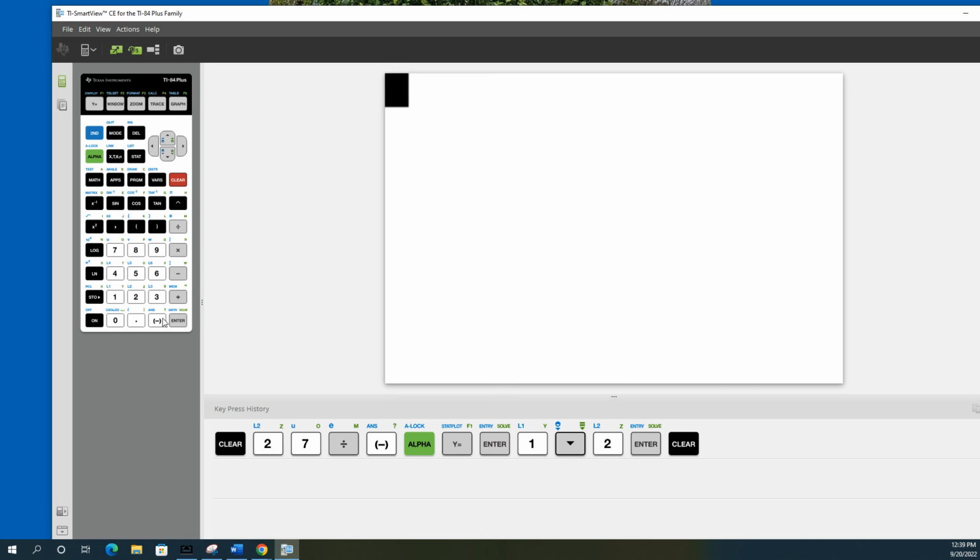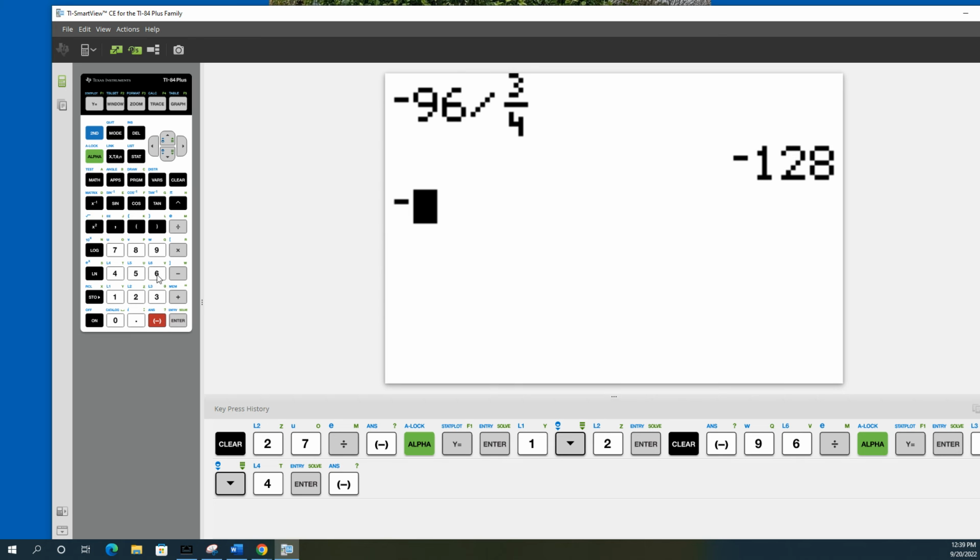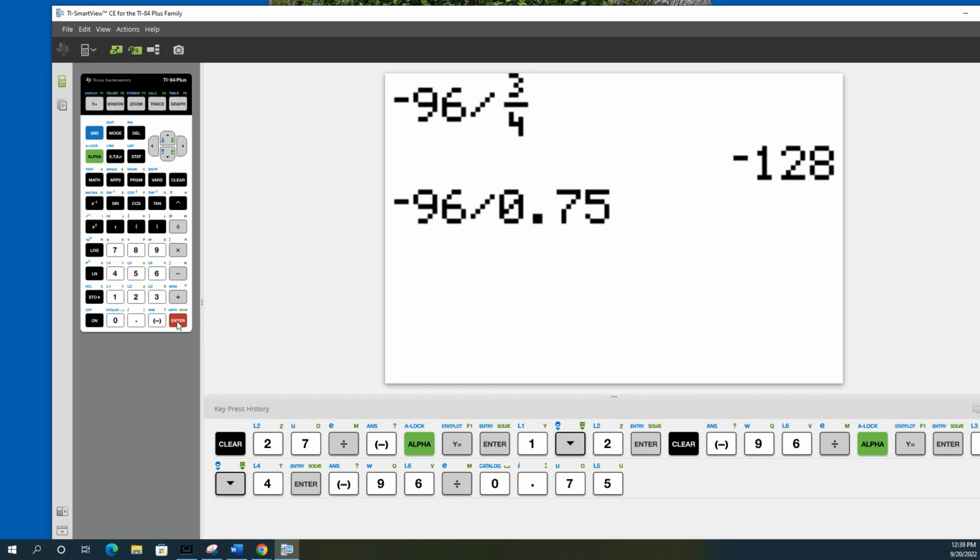So these are your options. You can do negative 96 divided by 3/4, and that will work every time. What is 3/4 as a decimal? Yeah. So if you prefer to use decimal, type it in. It works out the same way both ways.